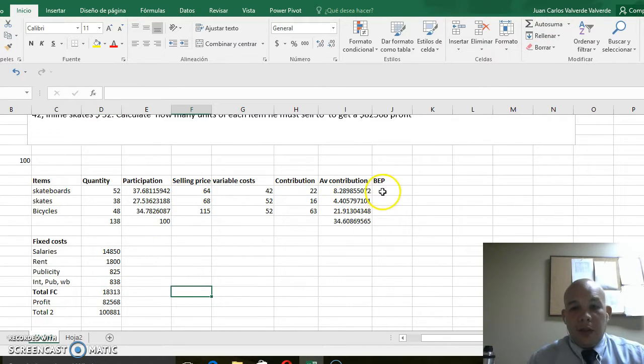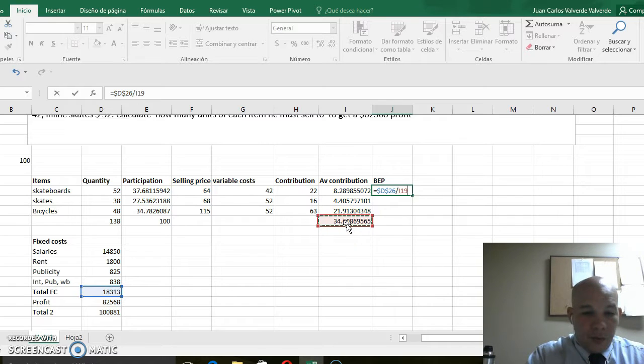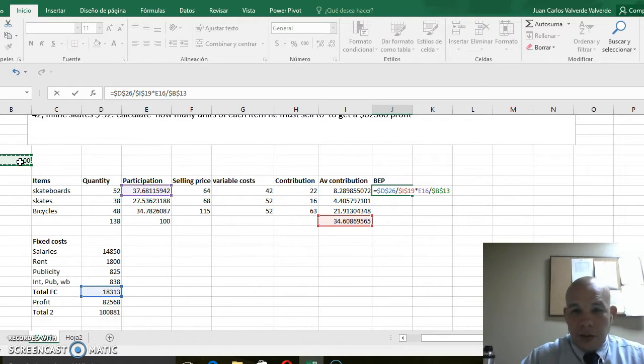All right, so to get the break-even point, we do a formula. Here we do total fixed cost divided by average contribution, multiplied by individual participation and divided by 100.